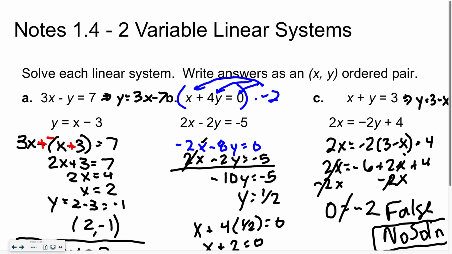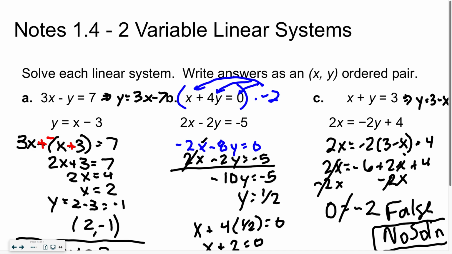Infinitely many solutions. It's different than saying all real numbers, because if you're saying all real numbers, you're saying anything works. But it's not all real numbers, it's an infinite amount of particular solutions.